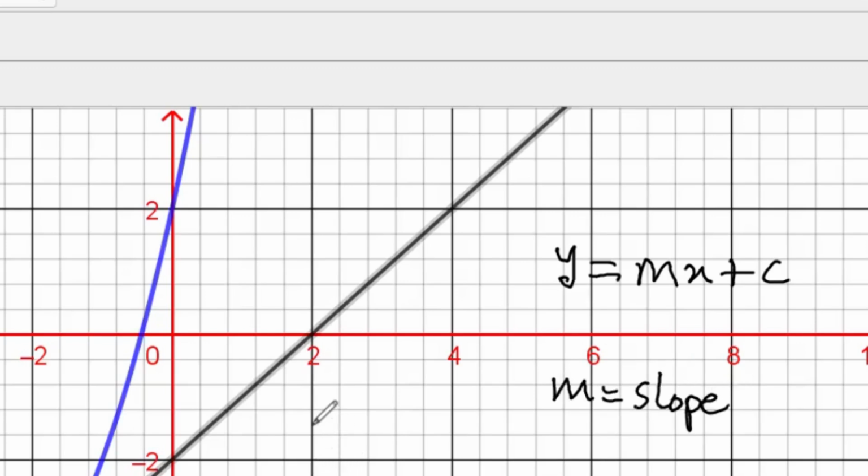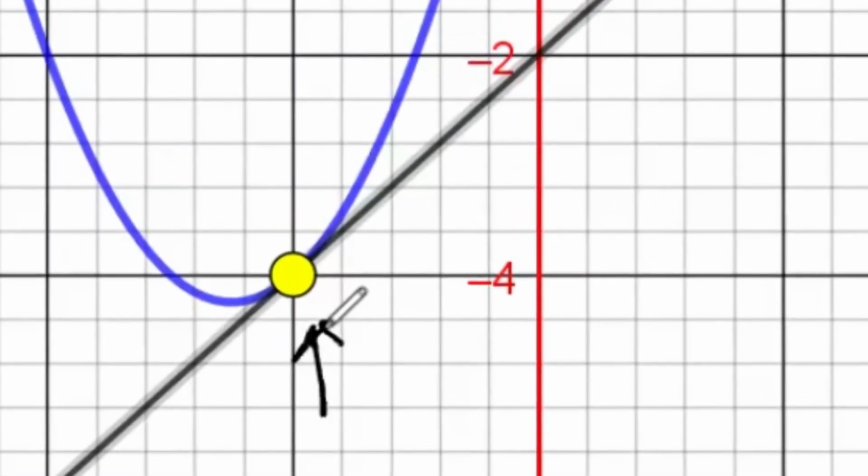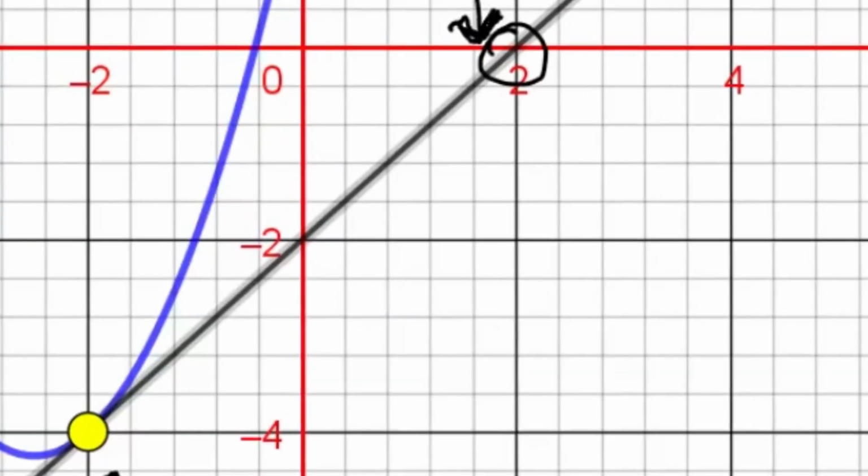Since the tangent is passing through the given point where s is minus 2 and y is minus 4, we need another point on this line. Probably we can take this point here, where s is 2, and y is 0 at this point.